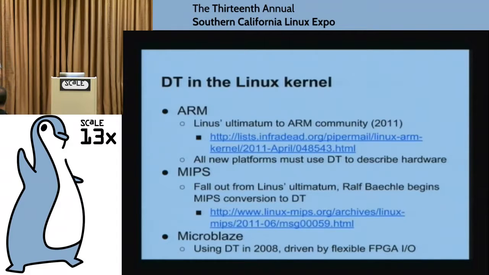Also, back in 2008, Microblaze started using it, driven by the fact that FPGAs are very configurable, and it was a natural way to pass in that description. It was the same thing with Grant Likely, who had worked on the Xilinx PowerPC 405. The hardcore FPGA systems had a similar issue, so you can see that all come together.